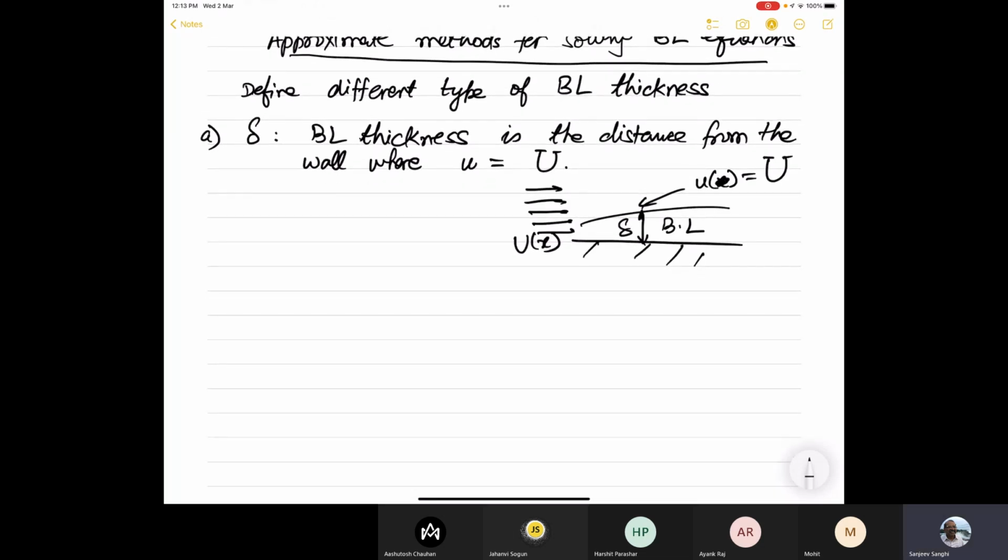But now there's a bit of a problem, because theoretically, as we have seen, small u is equal to capital U at y equal to infinity.